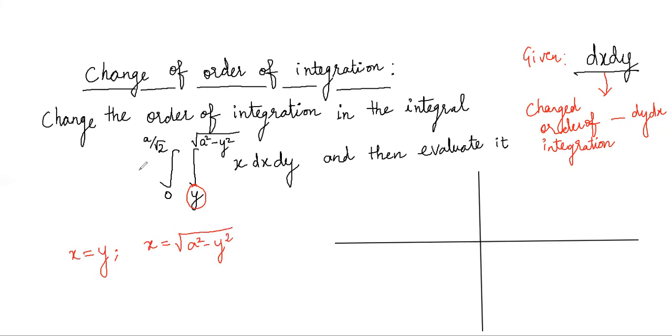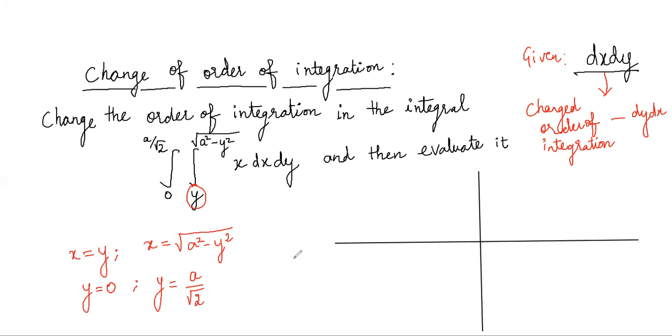And if we consider the limits present on the outer integral, these are the limits of y. The lower limit is 0, it means y is 0, and the upper limit is y equal to a upon square root 2.